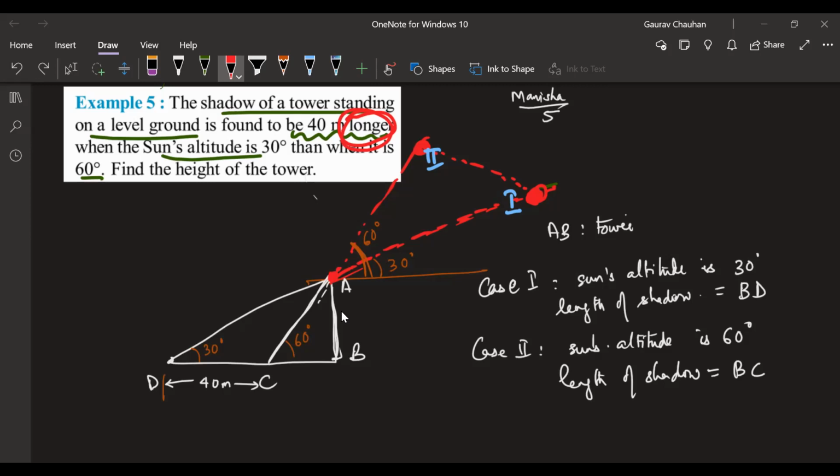Which keyword is telling you which angle we know? Sun's altitude. That is where up, no? Yes, sir. So you are looking at angle of elevation only, no? Yes, sir. Are you clear about that? Yes, sir. Okay. Any other questions?